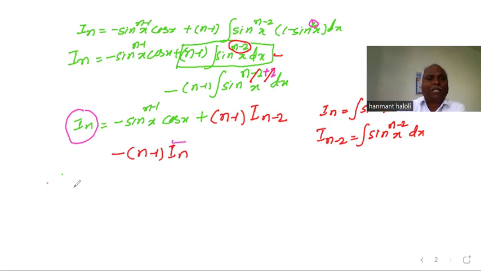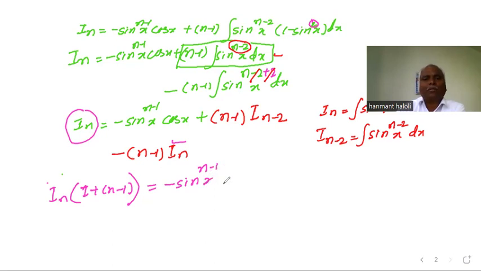Collect both the In terms to one side. Therefore here the In coefficient is, this is In, you can take it common outside. Here the coefficient of In is 1, and this shifted from the right side to the left side becomes plus n minus 1, bracket complete, equal to the remaining right side terms as it is, minus sin raised to n minus 1 x into cos x plus we have n minus 1 into I n minus 2.